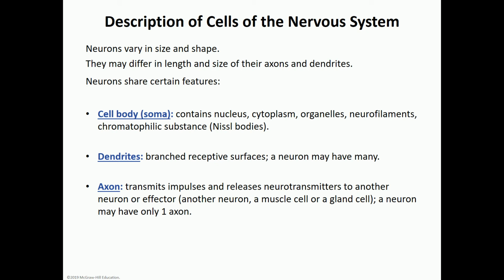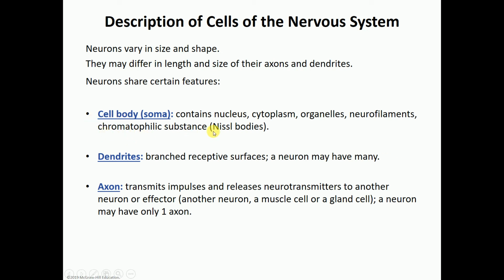There is a cell body, the soma, that contains the nucleus. It has the cytoplasm with all of the organelles and neurofilaments, and it has a chromatophilic substance. The rough ER of the neurons can be stained, and when you look at it under a microscope, it gives out this greenish color, hence the name chromatophilic, because it likes color.